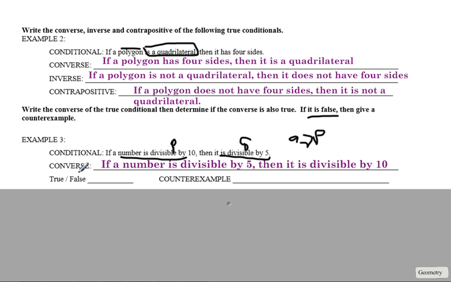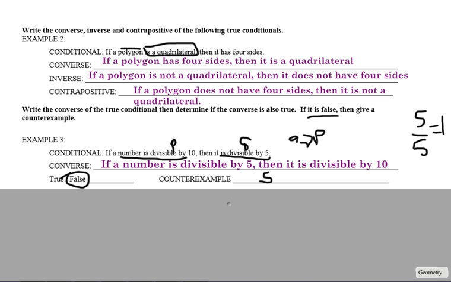Now, hopefully, we said false. Okay? So my counterexample is going to be the number 5. That's what I would write for my counterexample. Why is that? Okay, we got to find out if a number is divisible by 5. So 5 is divisible by 5.